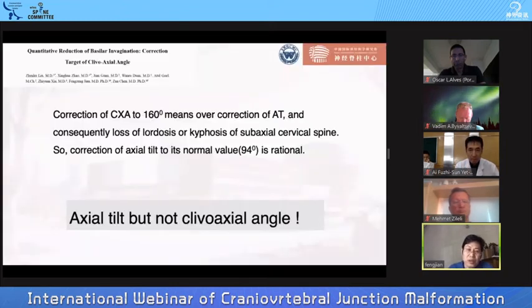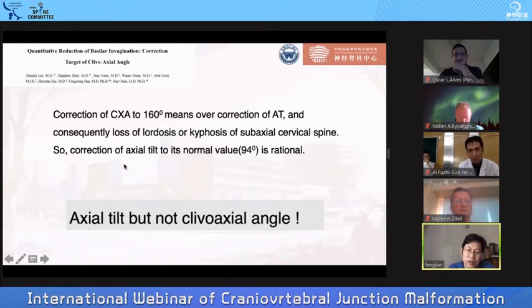So this is the point. Correcting the CXA to 160 degrees means overcorrection of the atlantoaxial, overcorrection of axial tilt, because as I said, the clival tilt is anatomically fixed, and consequently there is loss of lordosis or kyphosis of the subaxial cervical spine.